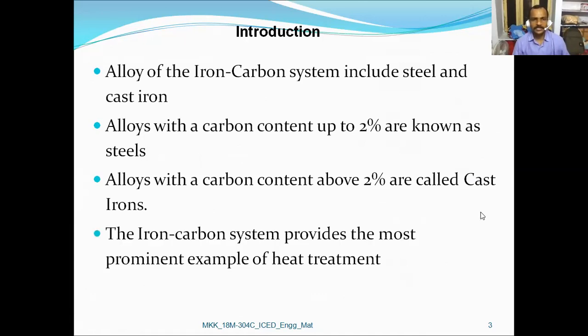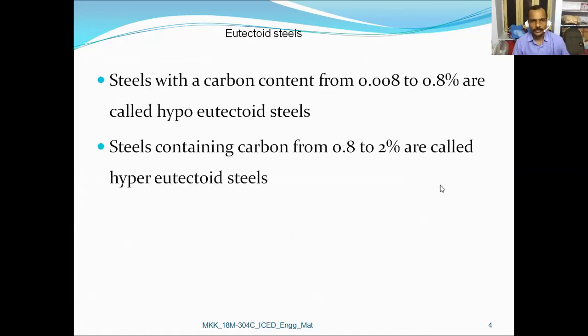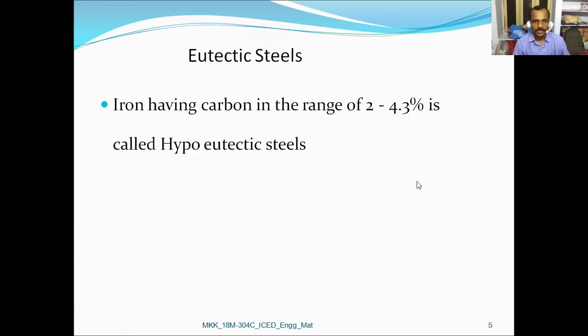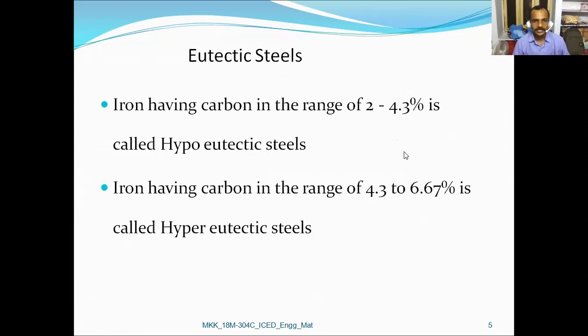Later we discussed different types of steels: 0.008% to 0.8 are known as hypoeutectoid steels, 0.8 to 2% are known as hypereutectoid steels, and exactly 0.8% is known as eutectoid steel. Later we discussed eutectic steels, which range from 2.4 to 4.3% known as hypoeutectic steels, and 4.3 to 6.67 known as hypereutectic steels.